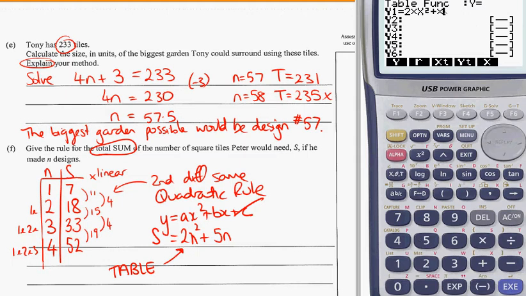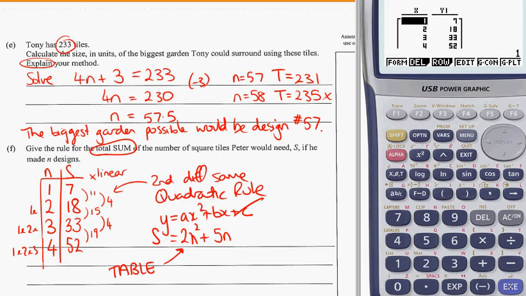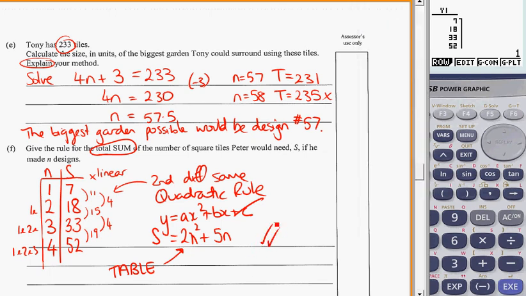And notice you put the times signs in, 5 times x. And we'll set that, 1 to 5, that's enough. 7, 18, 33, so it's worked. We'll just put a square around that.